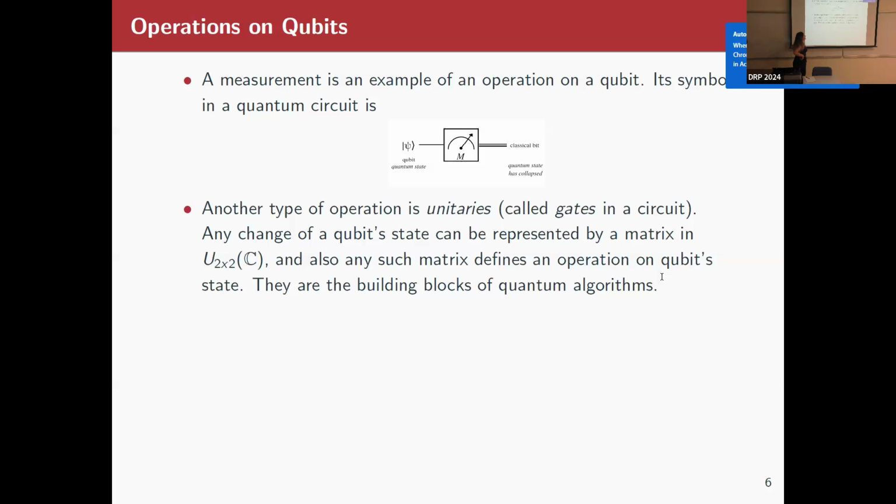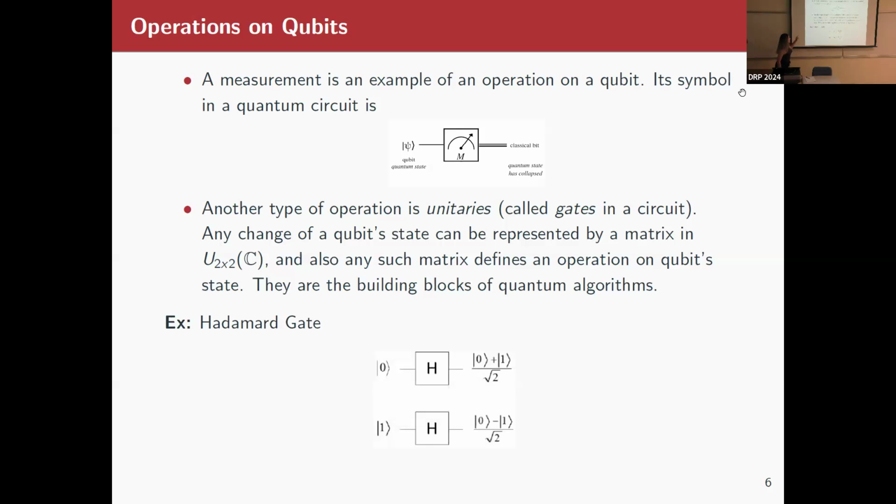Another type of operation is unitaries, or we can call them gates in a circuit. Any change of a qubit state can be represented by a 2x2 matrix whose entries are complex numbers. The matrix defines an operation on the qubit state. They are the building blocks of quantum algorithms. For example, the Hadamard gate.